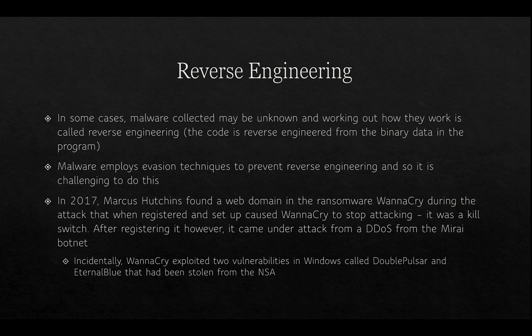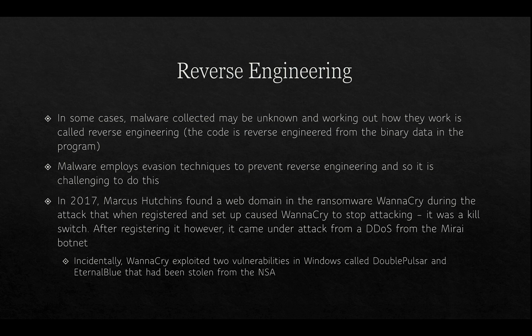And I've mentioned this before, but in 2017, Marcus Hutchins found a web domain in the ransomware WannaCry, which when registered stopped WannaCry from spreading, a kill switch in other words. He then came under attack for doing this, with denial of service from the Mirai botnet.